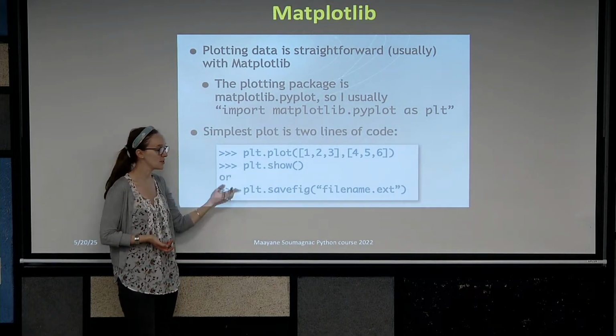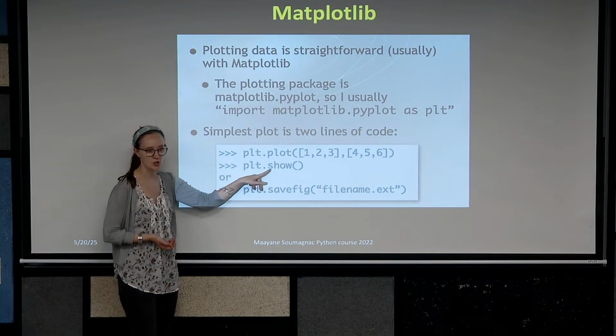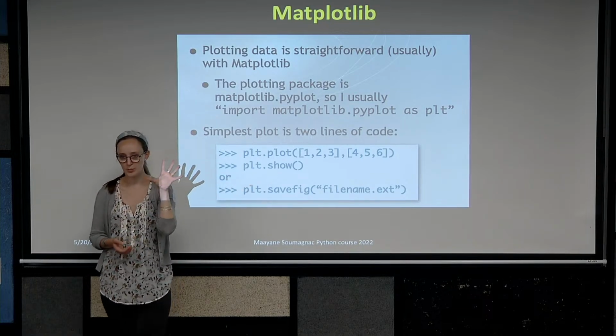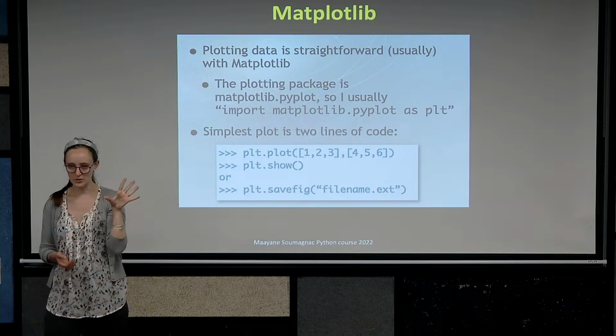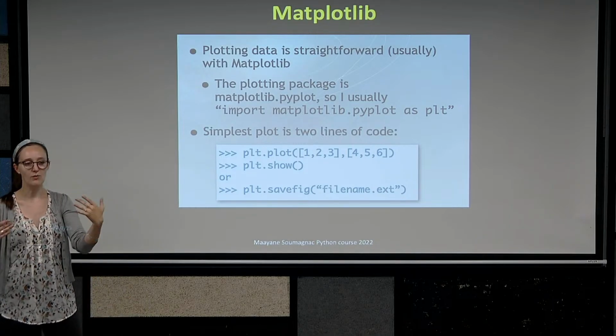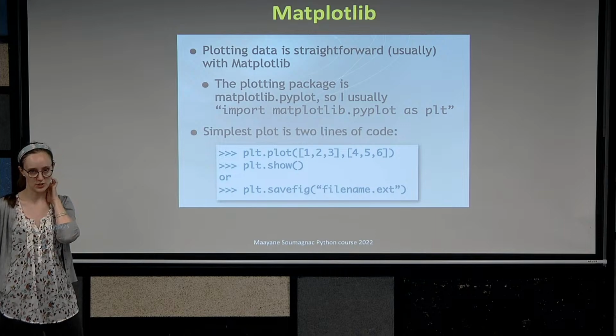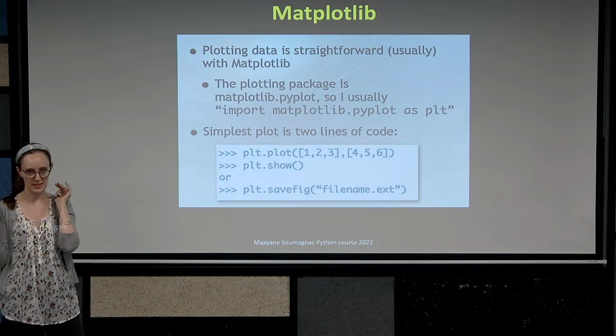These are the two options. You can do both, of course, but if you do plt.show, it will open a window with the plot and not save it. It will only move on to the next line after you close the window with the plot. Make sense?